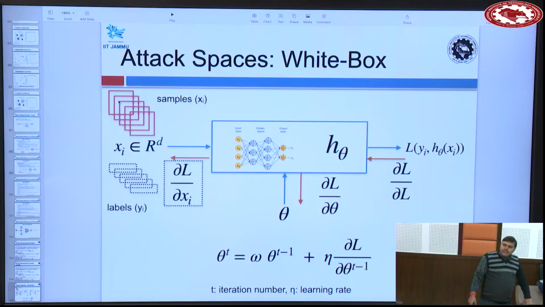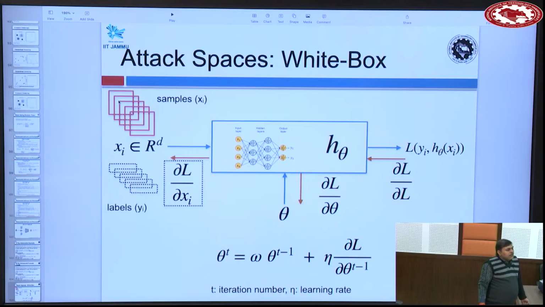If you put a little change in theta and you are not able to affect the loss value much, then it means that the parameter is not very sensitive as far as the gradient computation is concerned. So, the gradient basically defines how sensitive your input is.